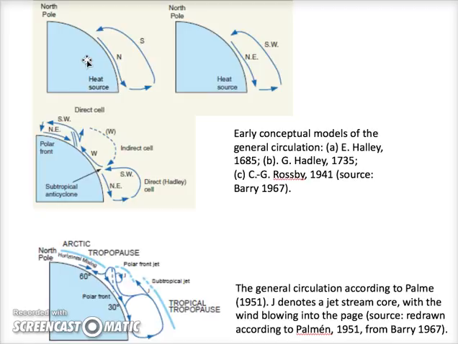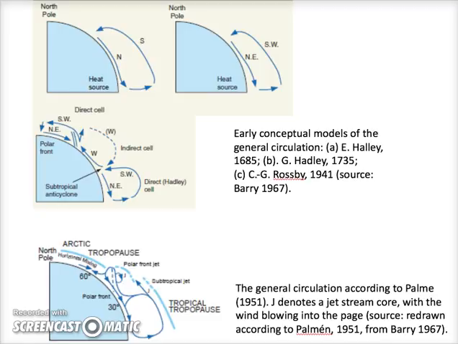Ferrel advocated the role of angular momentum conservation to account for the westerlies. The problem of strong upper westerlies in middle latitudes was only recognized in the 1940s. It is important to note that the indirect mid-latitude cell implied upper easterlies rather than westerlies.